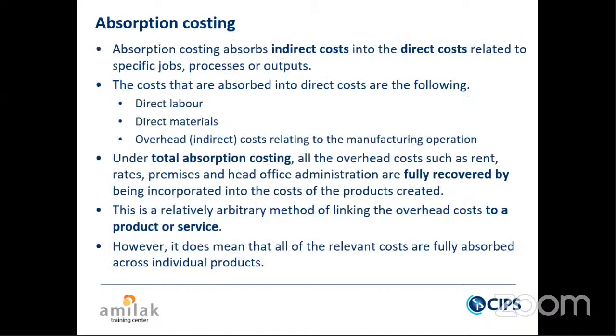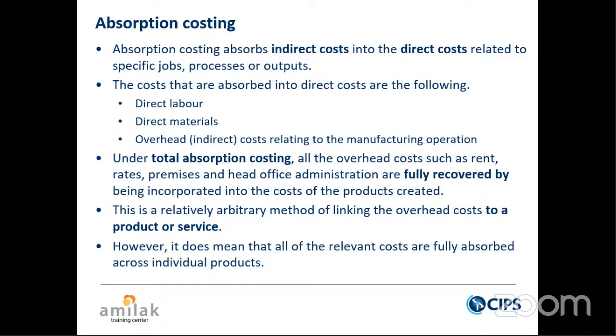Explaining absorption costing, it says here that absorption costing absorbs indirect costs into direct costs related to a specific job, process, or output. So what the supplier does is they get the direct cost. Now, the direct costs are usually the cost of raw materials, okay? And then they burden the piece price with costs such as direct labor, direct materials, like I've said already, and overheads, which are indirect costs related to the manufacturing process, okay?